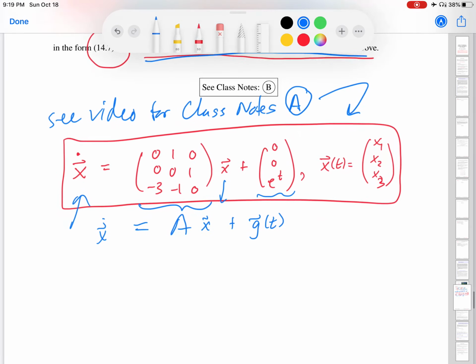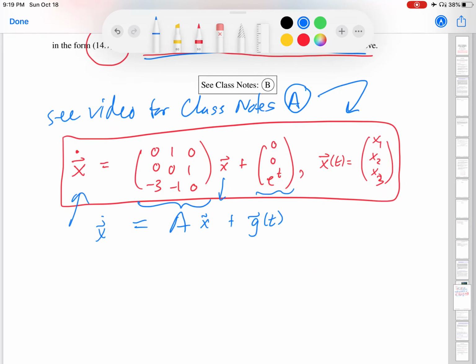Okay? So if we see it in this way, first of all, it is a system of 3 first-order linear differential equations. All right. So the 3 comes from the fact that there are just 3 x's in here, 1, 2, 3. The linear comes from the fact that it has exactly this form. Okay. And then we look at the A matrix, and the A matrix does not have any t's in it, right?